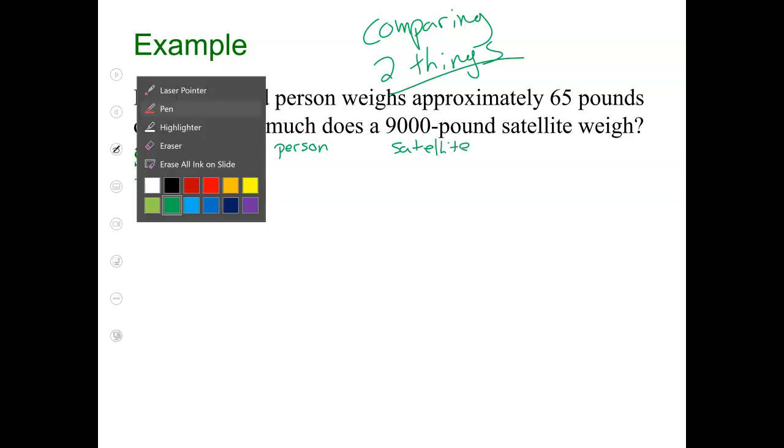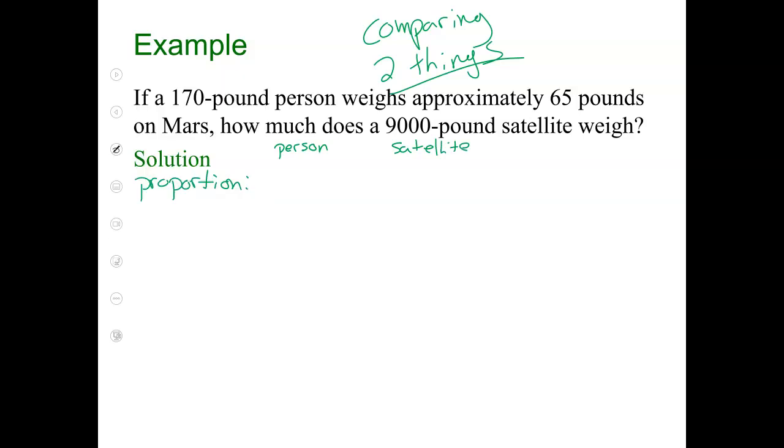What else am I comparing? The weight on Earth and the weight on Mars. Okay, so I can write a proportion with the Earth weight over the Mars weight for the person, and I can write another proportion with the Earth weight of the satellite over the Mars weight.